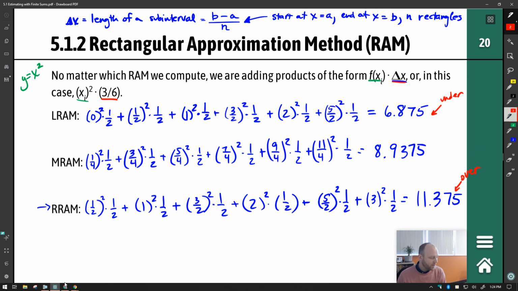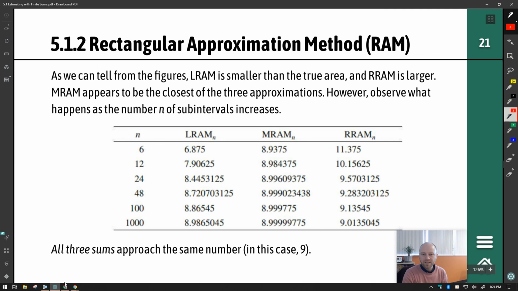And I'm going to refer you to, here it is, the graph on the next slide. Notice what happens now. Now, we started with 6 rectangles. I'm going to write that here, rectangles, or we'll call them subintervals. Now, we know that LRAM was smaller than the true area, and RRAM is larger, and MRAM was the best fit.